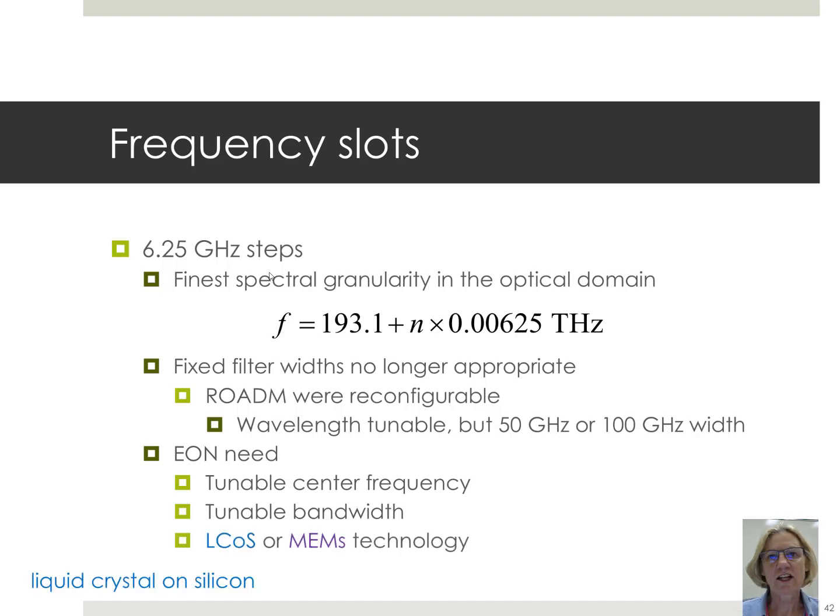Fortunately, there are some technologies which have been evolving in order to meet these requirements. They're based either on liquid crystal on silicon or the microelectromechanical MEMS technology. So I won't talk about them, but I'll just say that in terms of technological readiness, there are devices available, have already been commercialized, and can be exploited for this requirement.